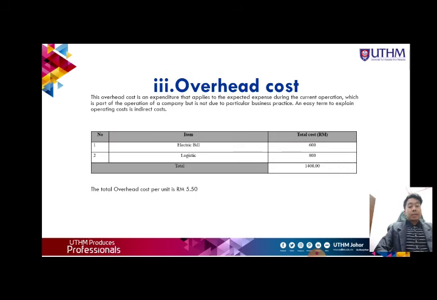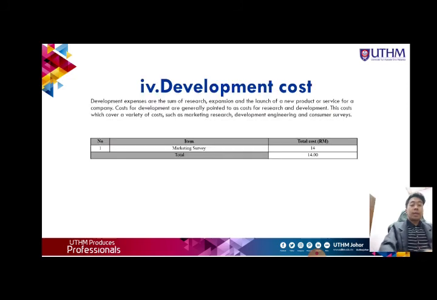Actually our warehouse just consumes electricity, and obviously we need to pay 600 ringgit per month, and the logistic cost is 800, and the total of both costs is 1400. And after some calculation, total overhead cost per unit is 5 ringgit and 50 cents.